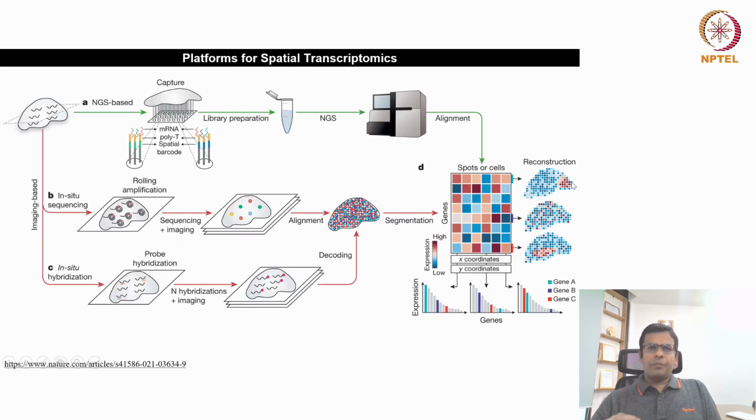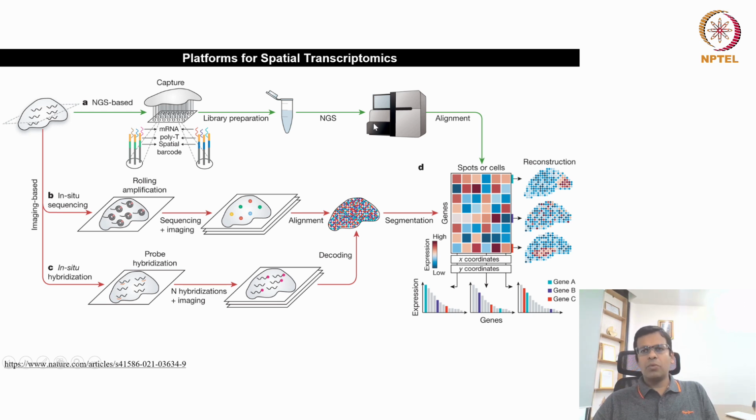There are several platforms for spatial transcriptomics analysis. Let's say this is your tissue sample, and for getting information about the mRNA expression level, you can choose the NGS based platforms, that is next generation sequencing based platforms, in which different areas of your tissue are captured on a platform, and from each spot you can prepare the library and give unique barcodes, and then go for the NGS.